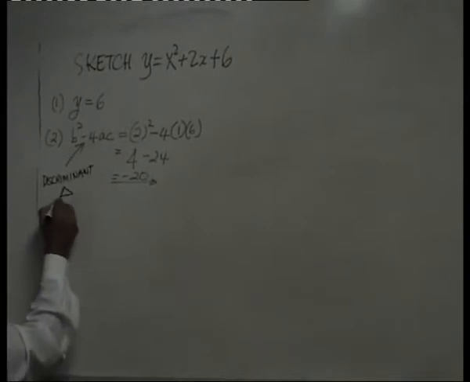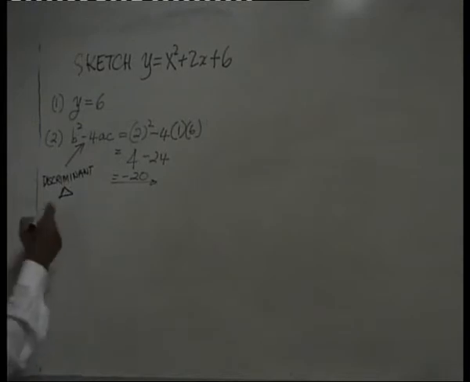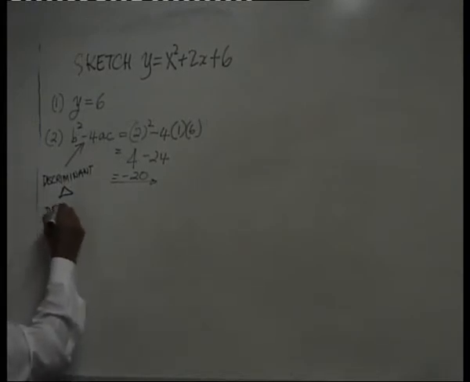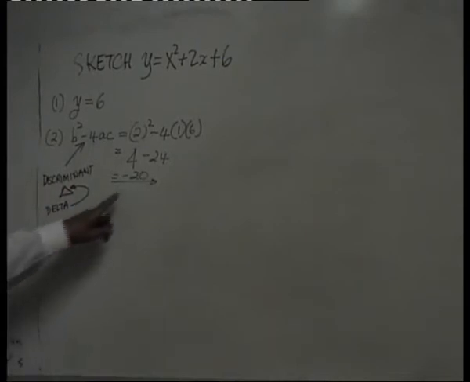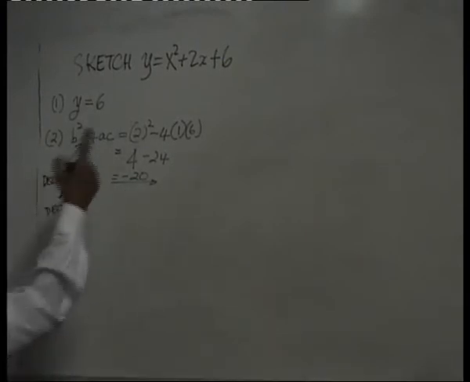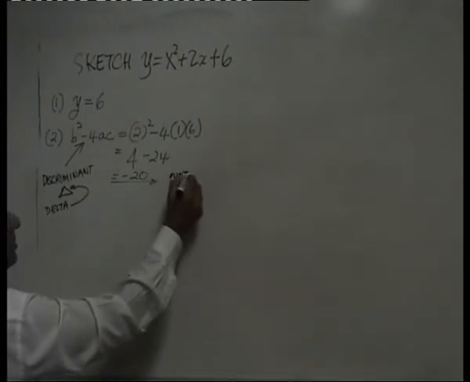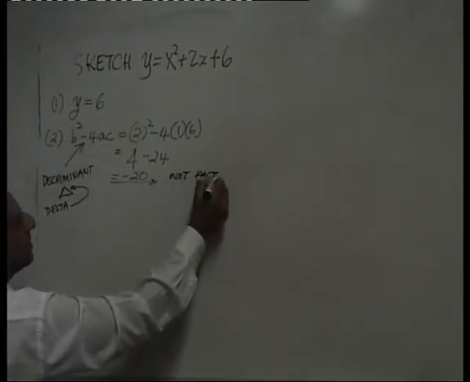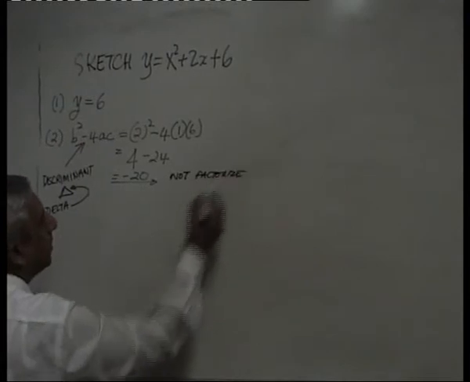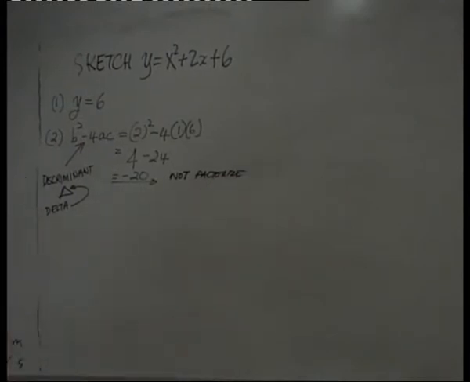The symbol for discriminant is a triangle, and that triangle is called delta. If the discriminant is negative, the quadratic will not factorize. Therefore, do not try to find intercepts.